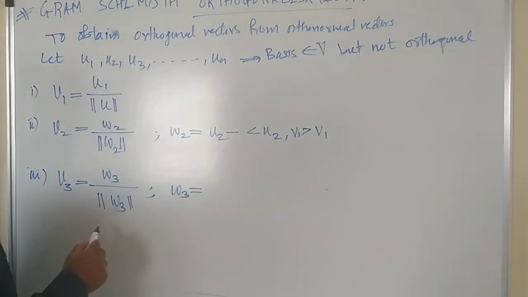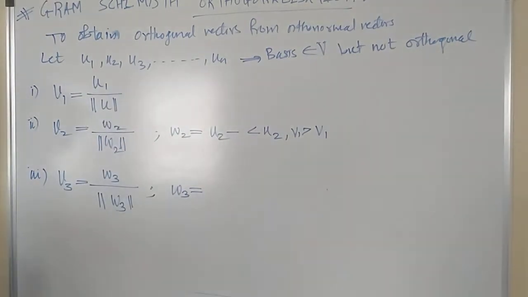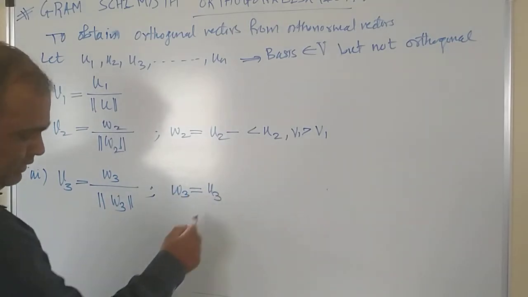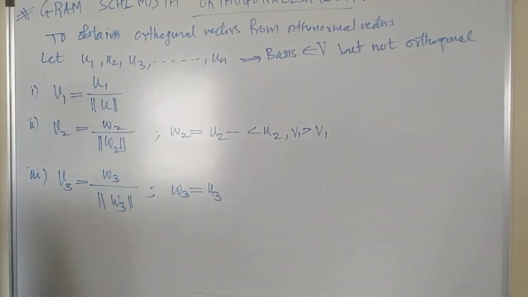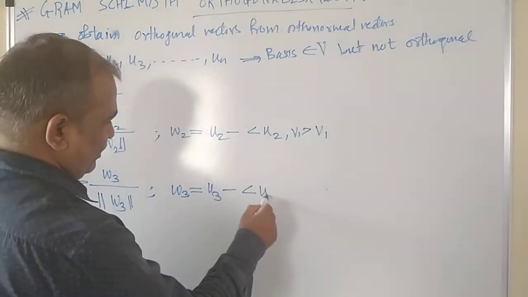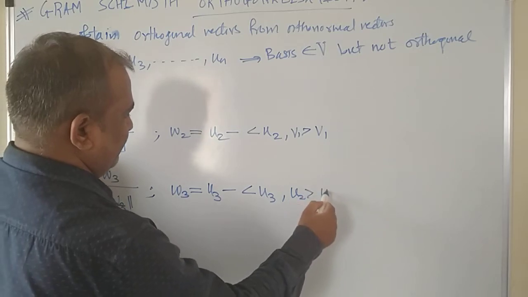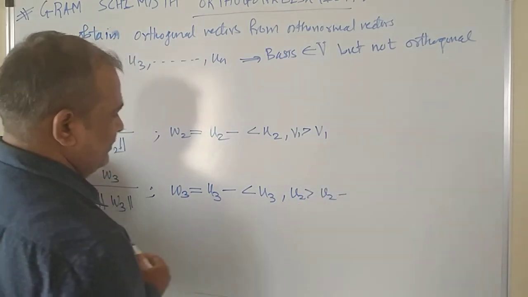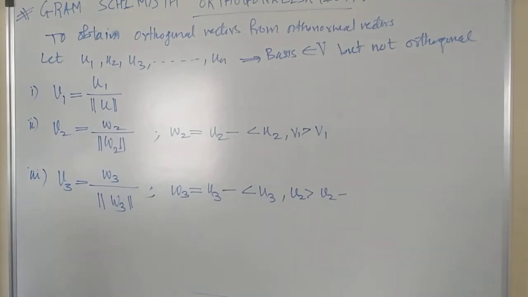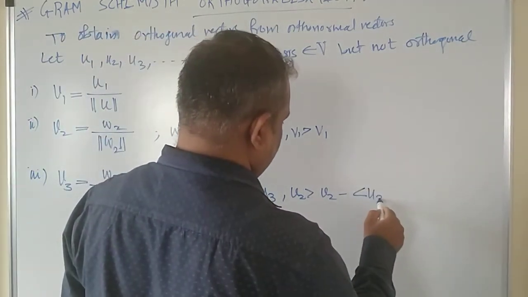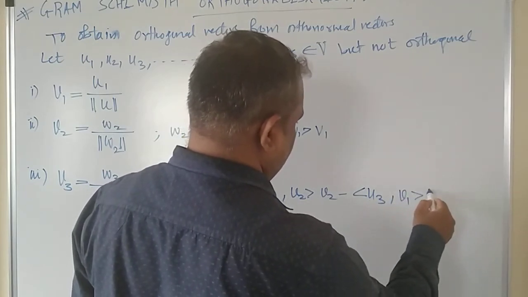Again w3 has a formula. w3 is equal to u3 minus inner product of u3 with v2 into v2 minus inner product of u3 with the first vector v1 into v1.